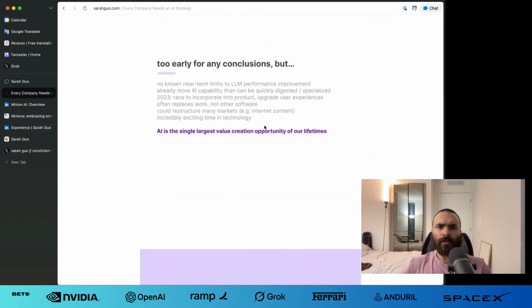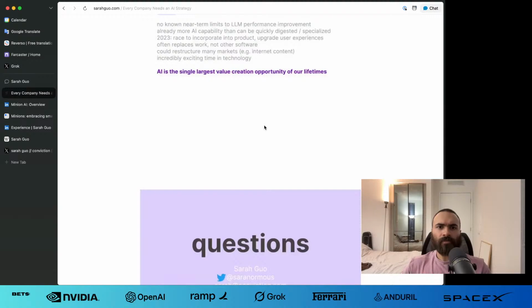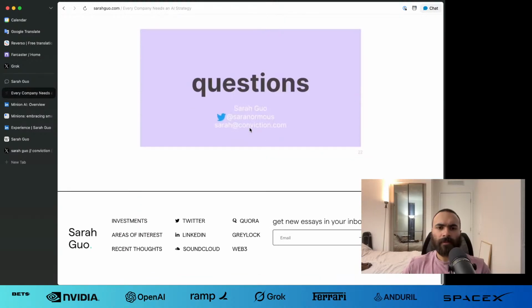Too early for any conclusions, but no near-term limits to LLM performance improvement. Already more AI capability than can be quickly digested, specialized. 2023: race to incorporate into product. Upgrade user experiences, often replaces work, not other software. Restructure many markets, entered content. Incredibly exciting time in technology. AI is the single largest value creation opportunity of our lifetimes. Questions?